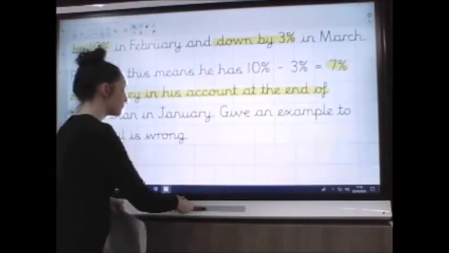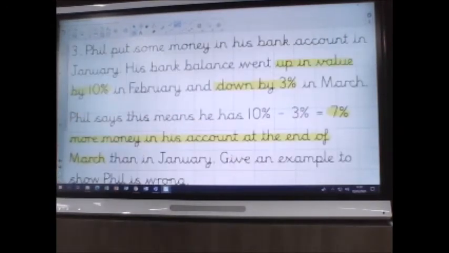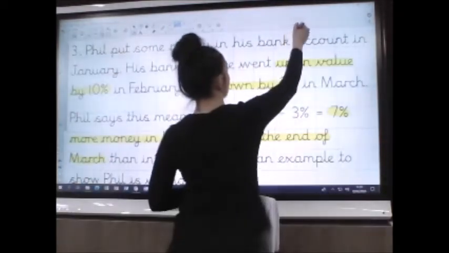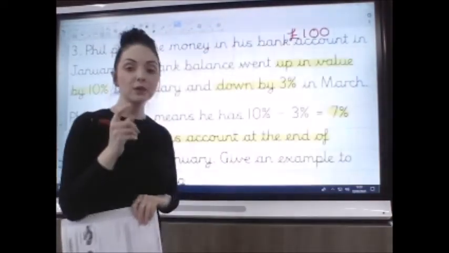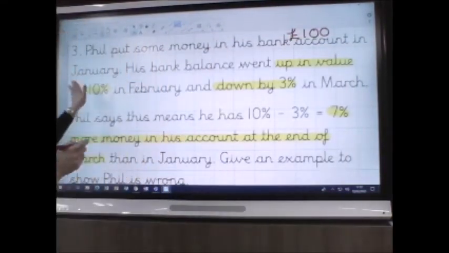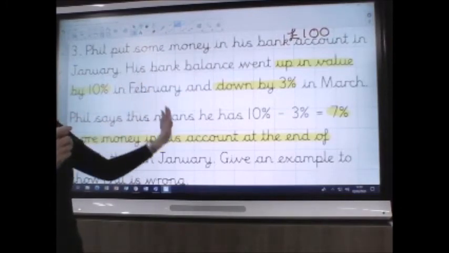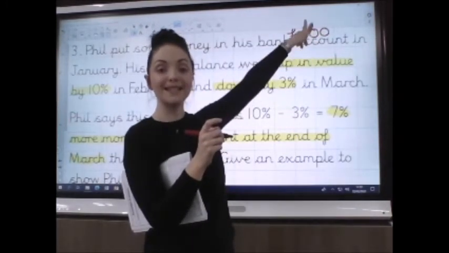Okay, so it might sound really confusing, but I think most of you will be able to have a good go at this. So let's say he started with £100. Okay, that's what we're going to start with. So if it went up in value by 10% in February, let's add on 10%. So 10% of 100 would be 10.